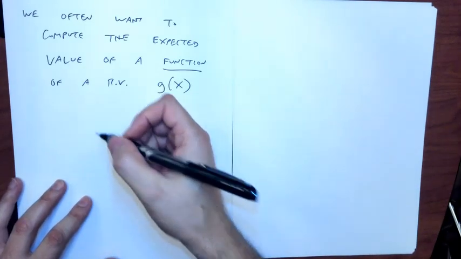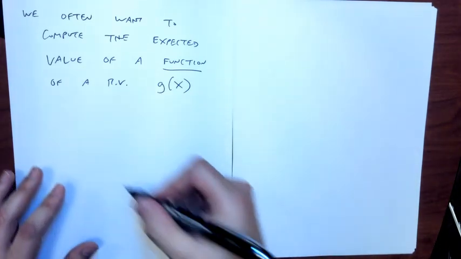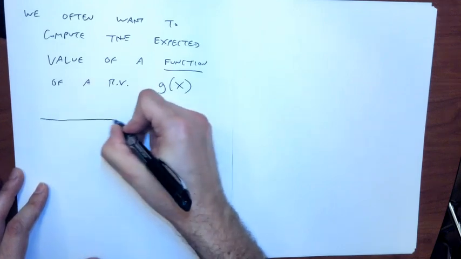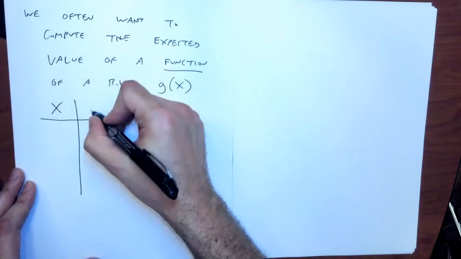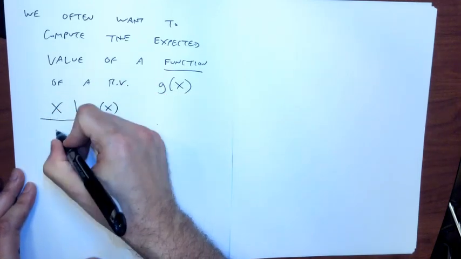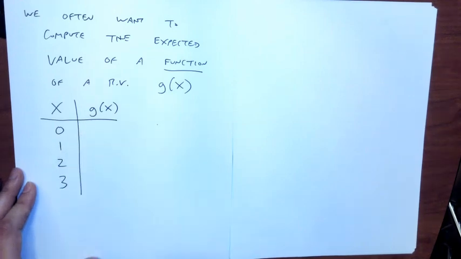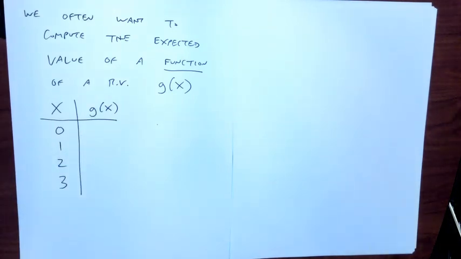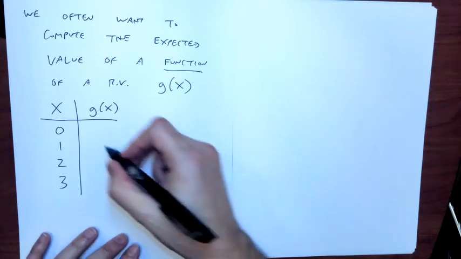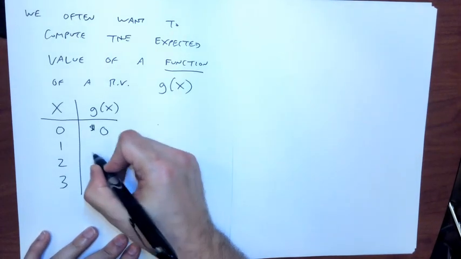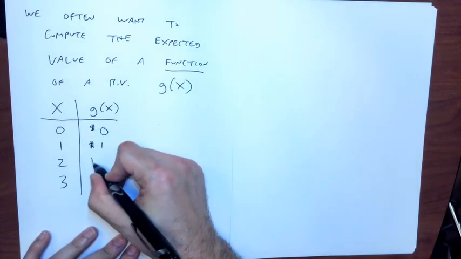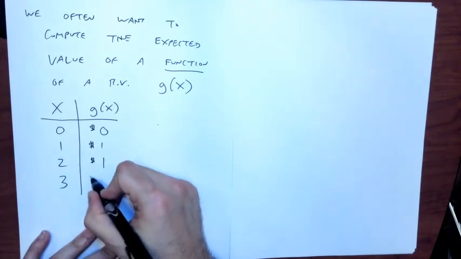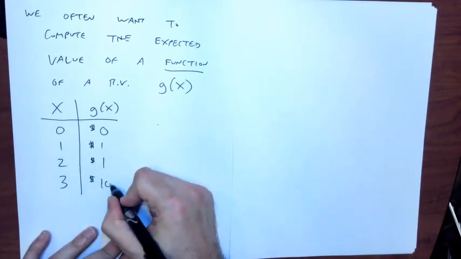So here's an example, again, back with the coin flips, right? So suppose that we're flipping the coin, and I am going to offer you to play a super exciting game, right? So if 0 comes up, I'm going to give you $0. If 1 or 2 comes up, I'm going to give you $1. And if 3 comes up, I'm going to give you $10, okay?